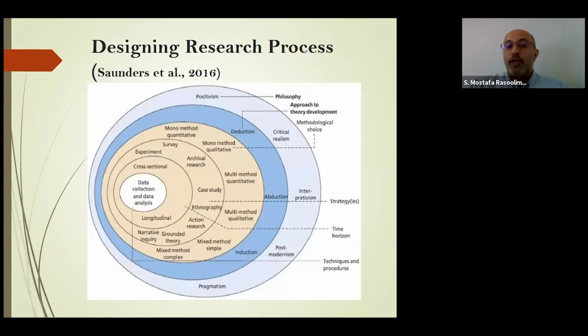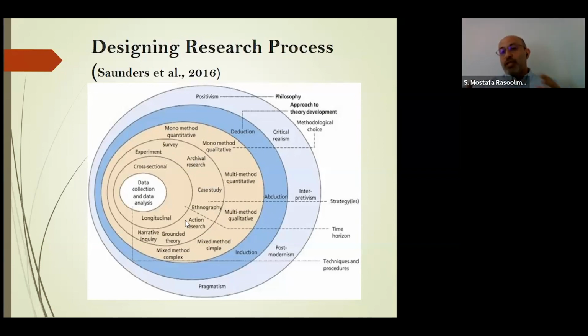Also, for numerical data or doing a survey using a questionnaire, we cannot apply a qualitative method, right? So in this version, the third layer is the method layer and the fourth is the strategy layer.